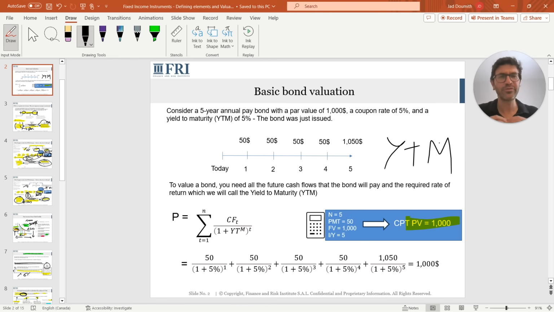Something should be bothering you, because even for the same issuer, a cash flow occurring in 1 year does not carry the same risk as the cash flow occurring 4 years from now. Think about it. Even if it's the same issuer, the $50 that this issuer will pay me in 1 year is safer.